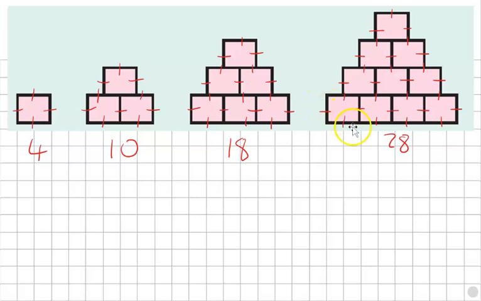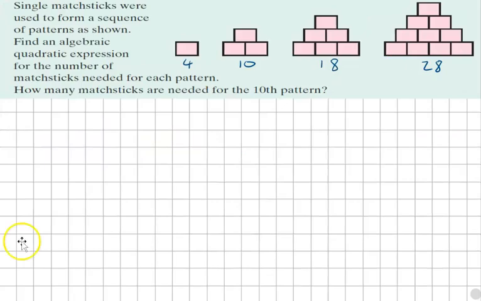And then we have 28 matchsticks forming the fourth term. So we have 4, 10, 18, 28.